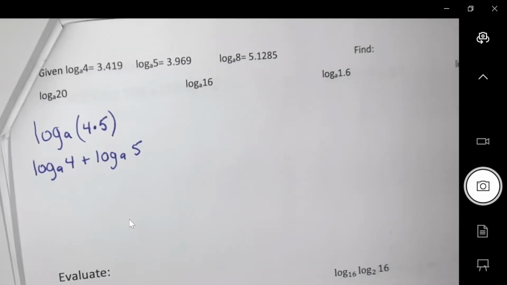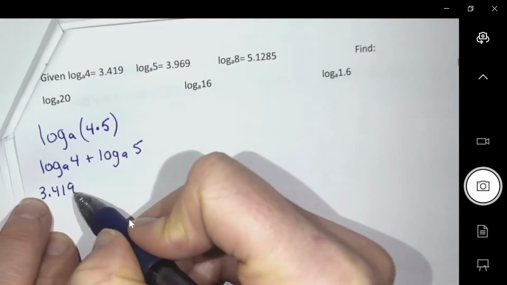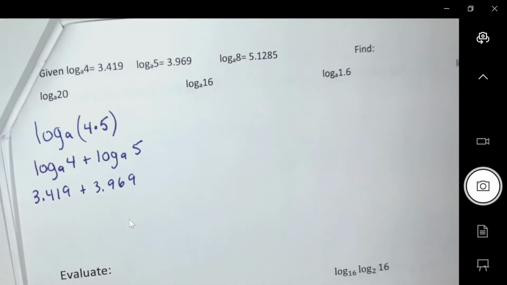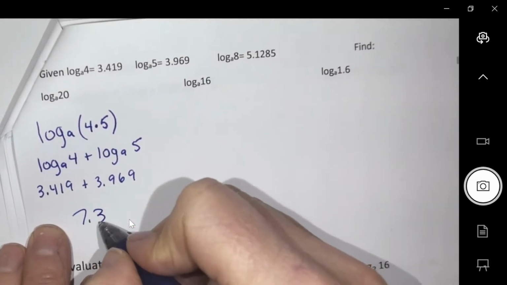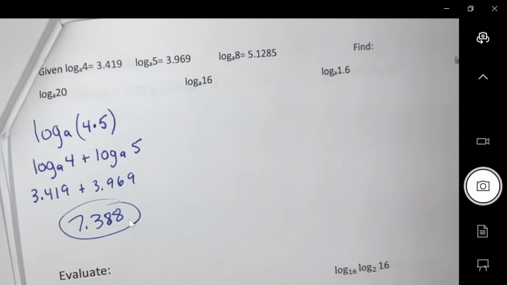And then it told me the log A of 4 was 3.419. And I'm okay if you just don't type on your calculator and save yourself some time. I'll do it. 7.388.